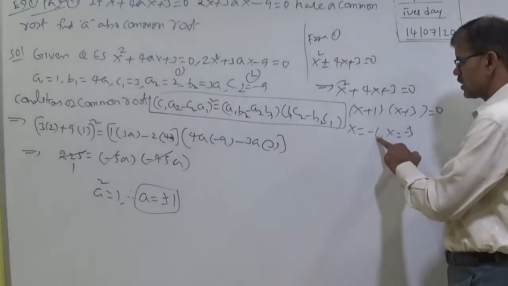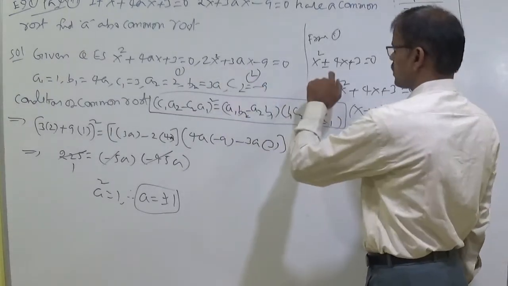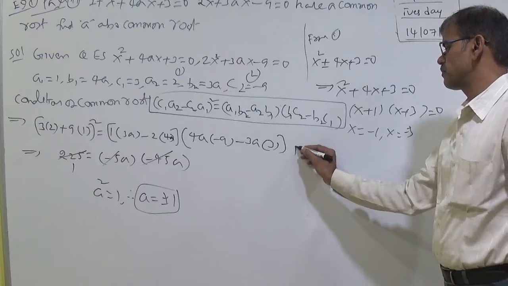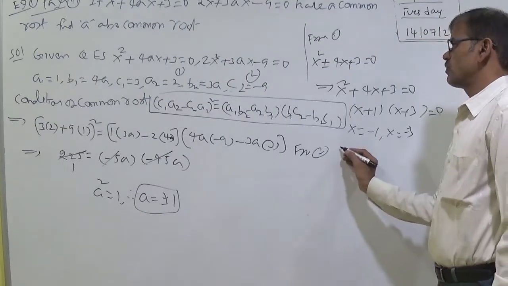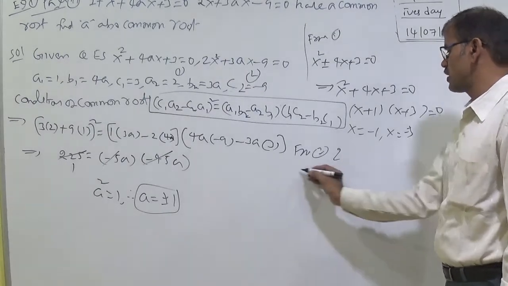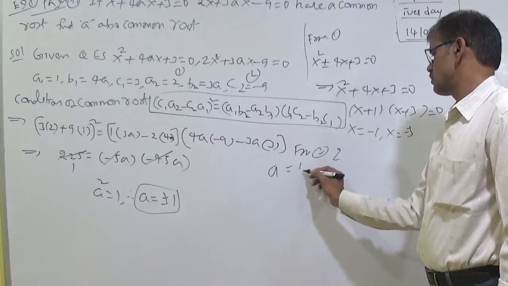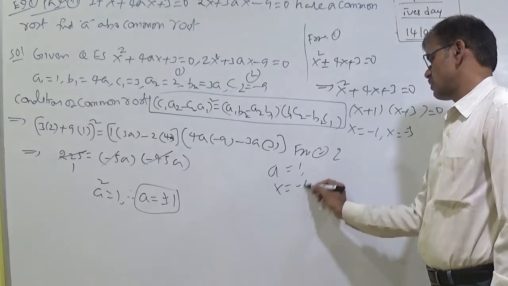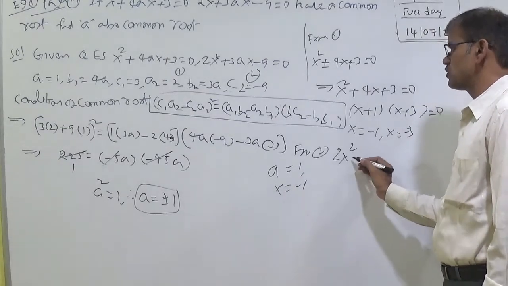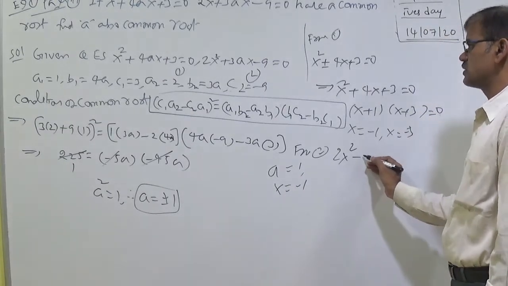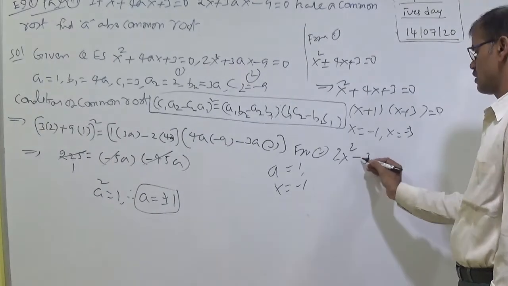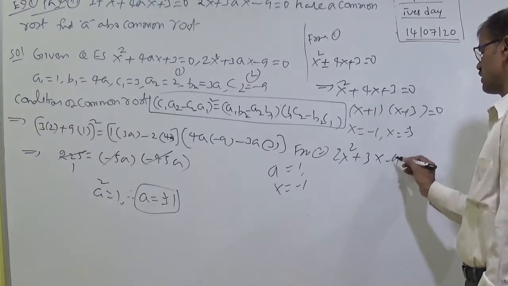If I take a equal to plus 1, from 2 I am writing: take a is equal to 1 and x is equal to minus 1. Let us write 2x square plus 3x minus 9.